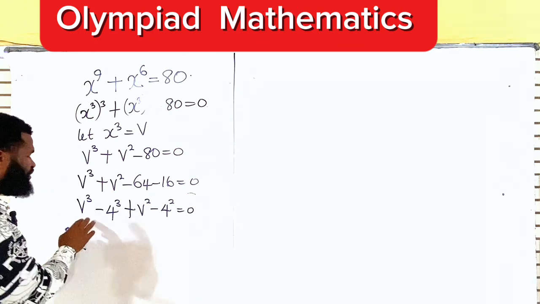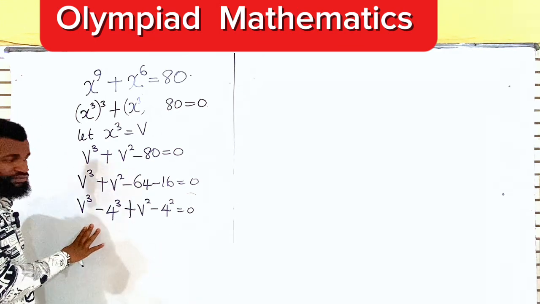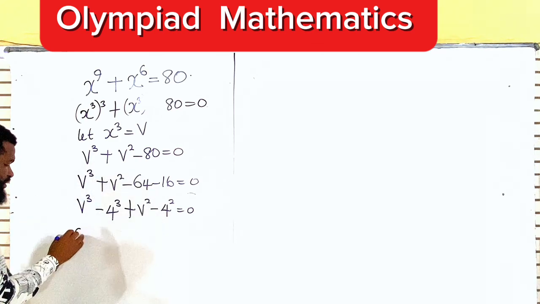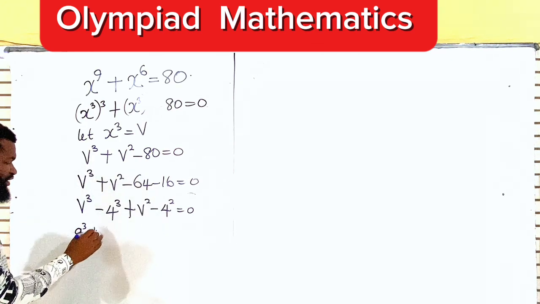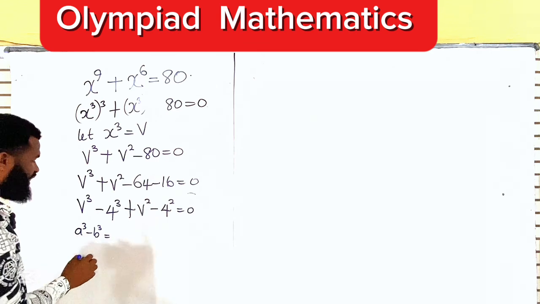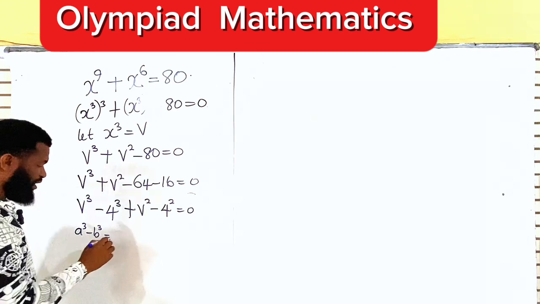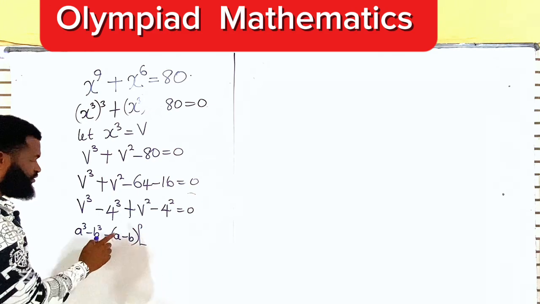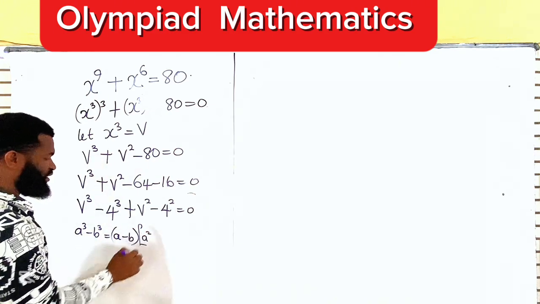Now, how do we factorize difference of 2 cubes? Difference of 2 cubes can be factorized using this. If you have a cubed minus b cubed, you are going to have that. The same minus will come out, going to have a minus b first. Then square the first one, I'm going to have a squared.